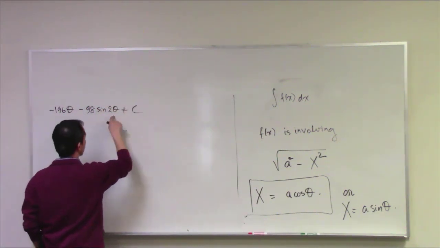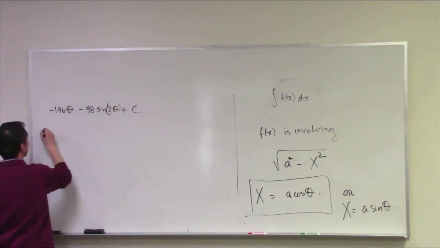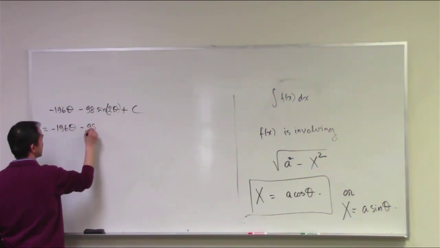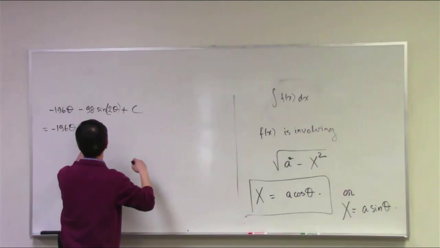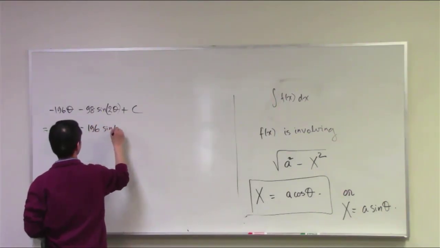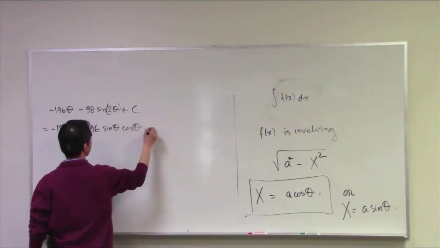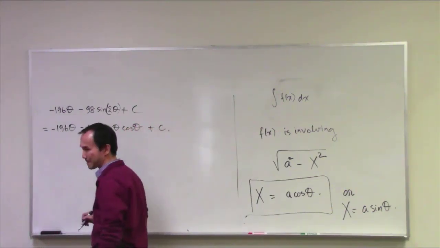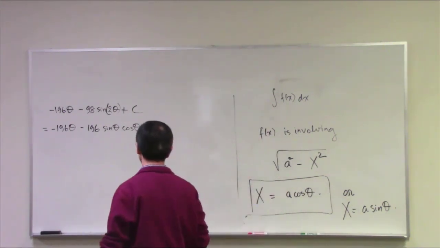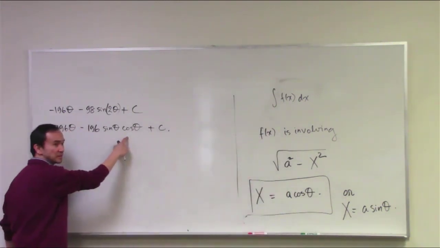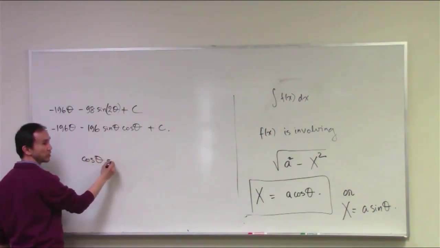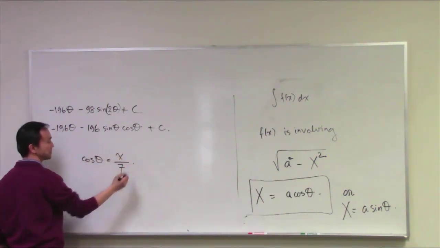Let's see. Let's rewrite this as 196 theta minus 98 times, and it's 2 times, so it's going to be another negative 196, right here, sine theta times cosine theta. But then remember, cosine theta has to equal x over 7, right?